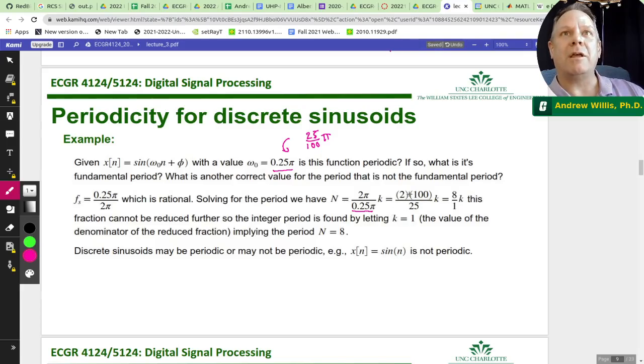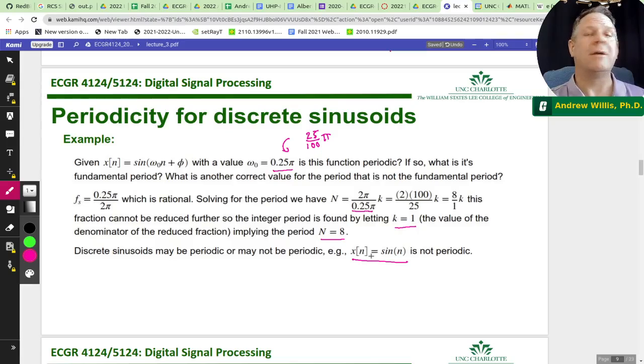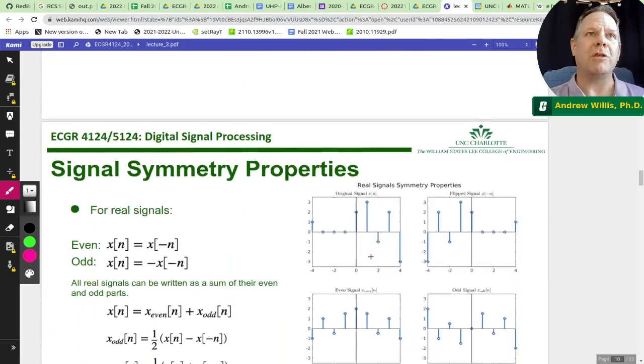And then we calculate, so 25 over 100 gives you 200 over 25. We reduce that. That ends up being 8 over 1. And so we let k equal 1, and the value of the period is 8. And so again, one of the surprising things that I've already pointed out is that sine of n is not periodic. Wow. It's kind of surprising.